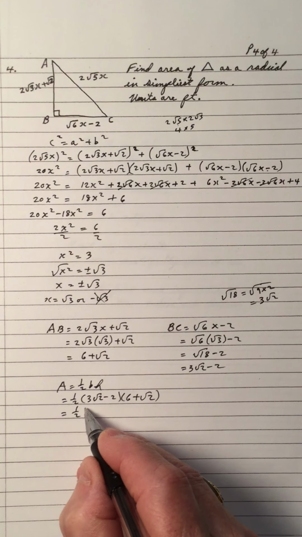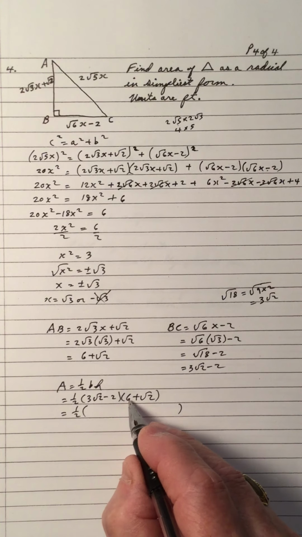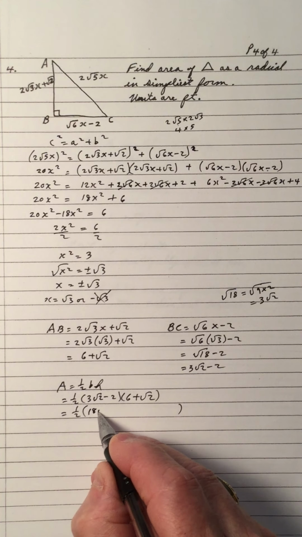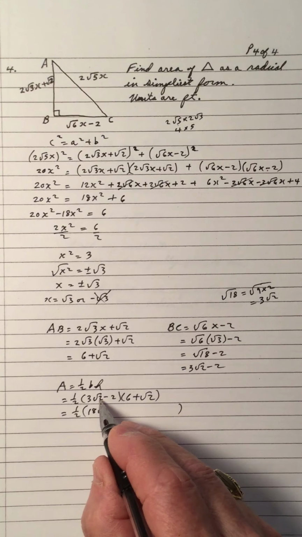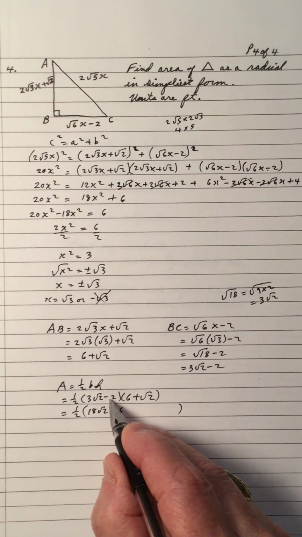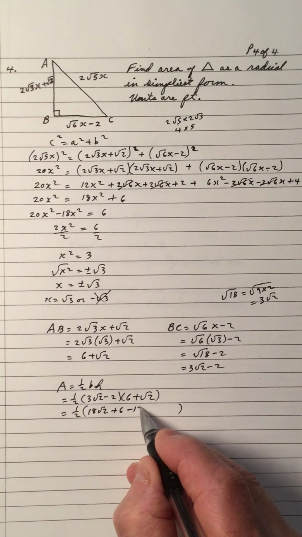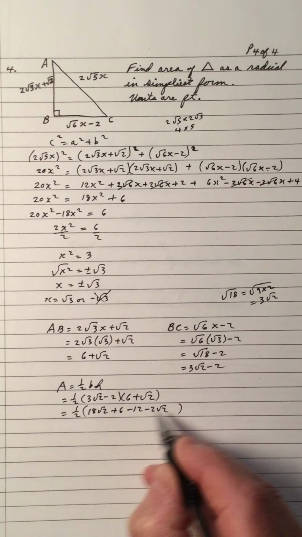We multiply by FOIL now. And 3 root 2 times 6 is 18 root 2. 3 root 2 times root 2. Root 2 times root 2 is 2. 3 2s are 6. And negative 2 times 6 is a negative 12. And negative 2 times root 2 is a negative 2 root 2.